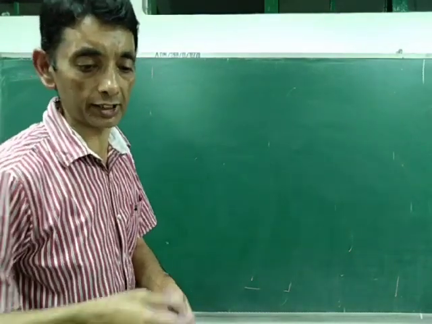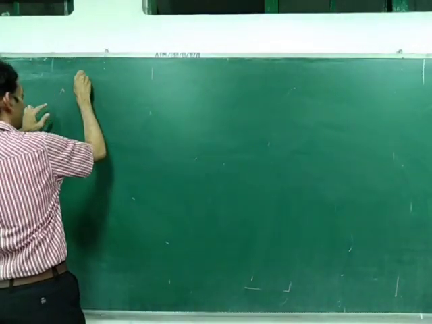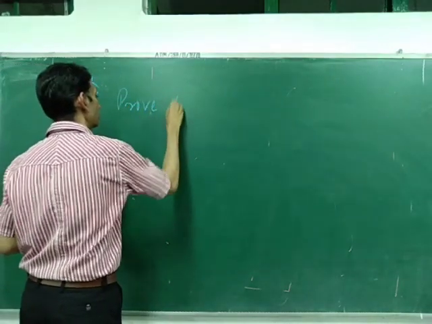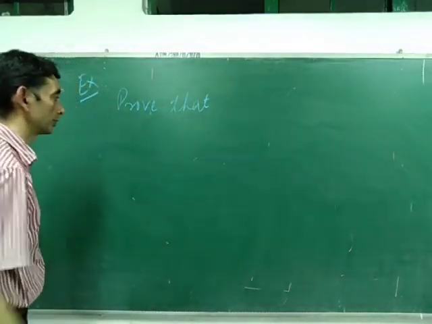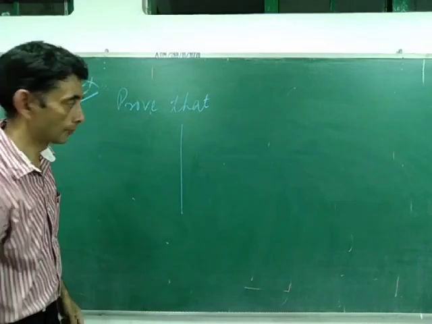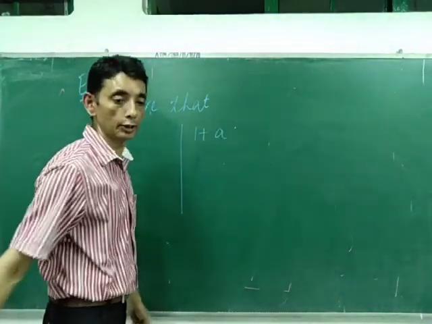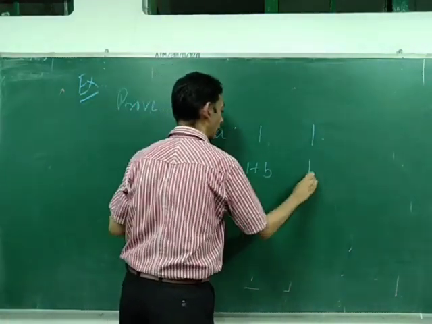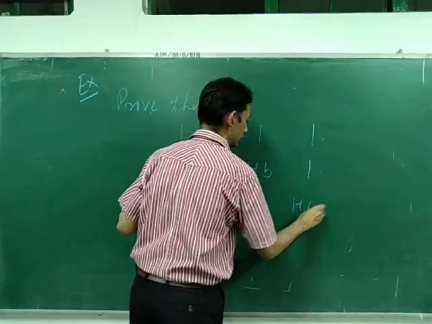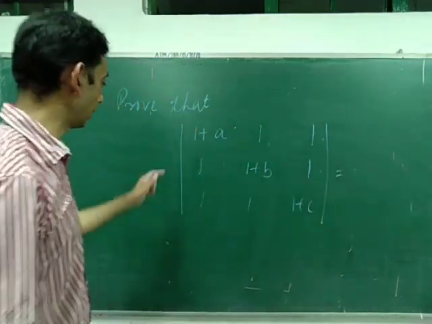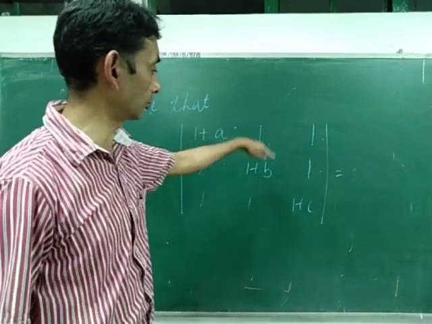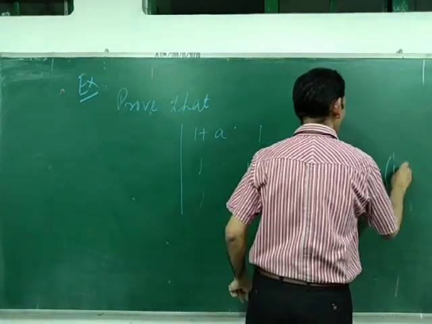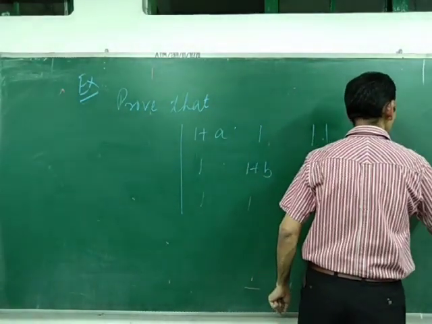There is one important question. This is also given in the example. Prove that the determinant with rows (1 plus a, 1, 1), (1, 1 plus b, 1), (1, 1, 1 plus c) is equal to abc times (1 plus 1 by a plus 1 by b plus 1 by c).